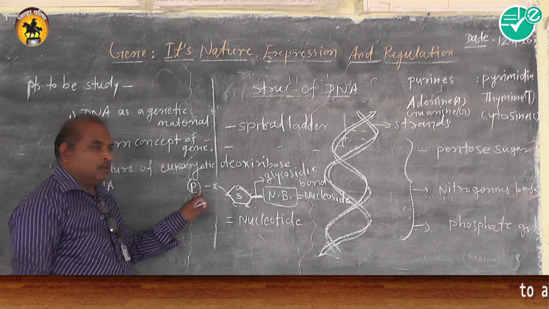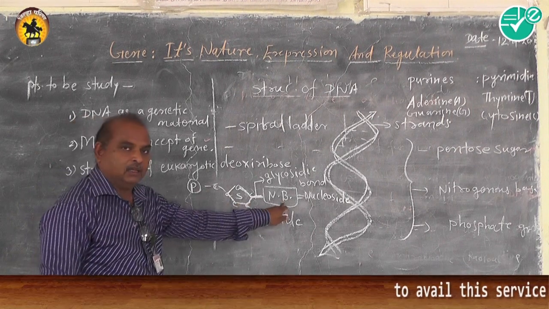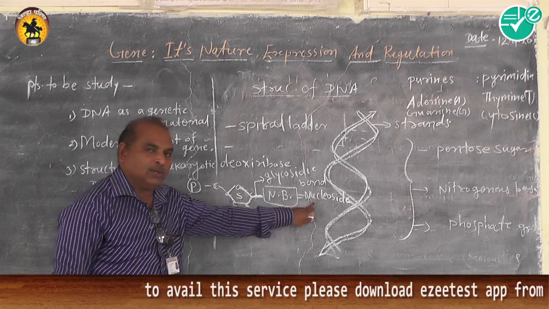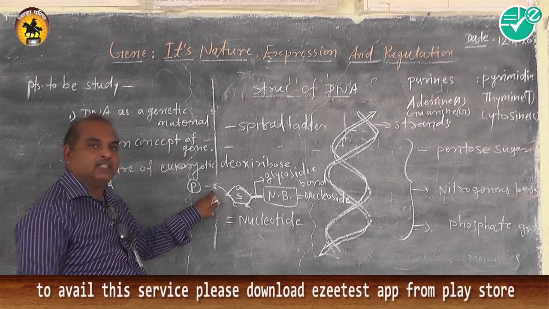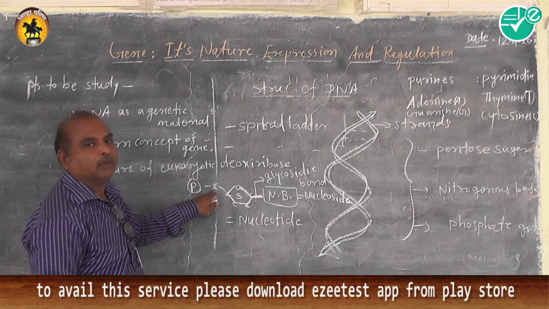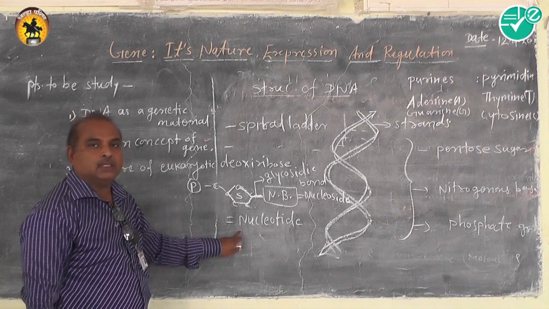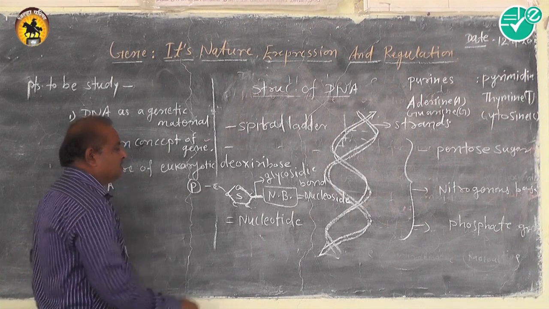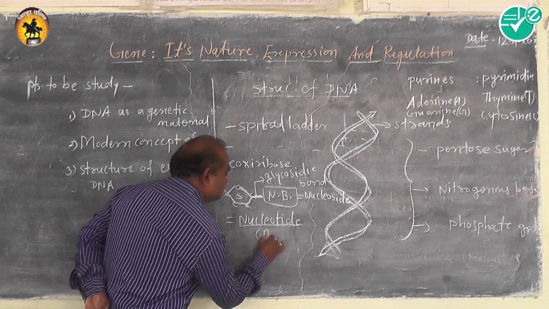The pentose sugar and nitrogenous base together form the nucleoside. To this nucleoside, whenever a phosphate group is attached at the 5th carbon, the structure is called a nucleotide. This nucleotide structure is also called a monomer.